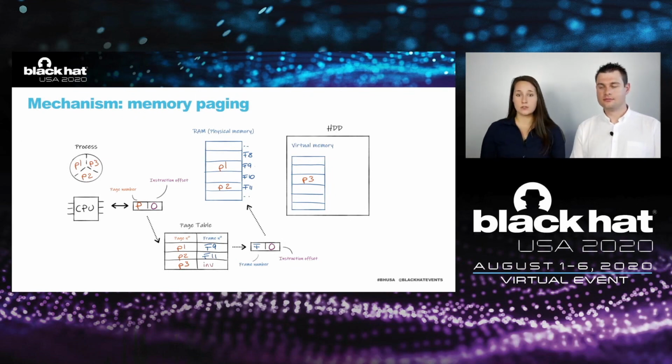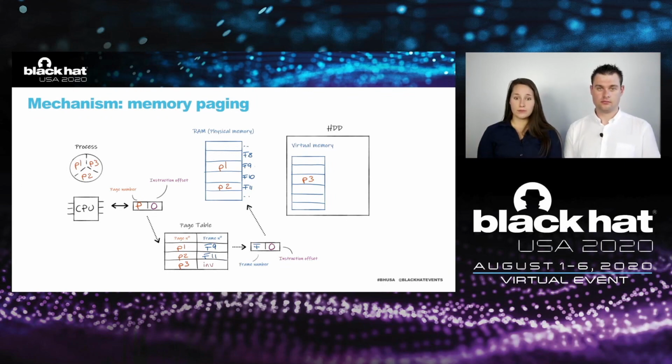Every process also has what we call a page table, which is an array associating the page number to the frame number, which is the index of the physical address in the physical memory. When you launch the program, the CPU first has to figure out where the instruction is. So it goes to the page table with the page number, gets the associated frame number, and then executes the instruction.